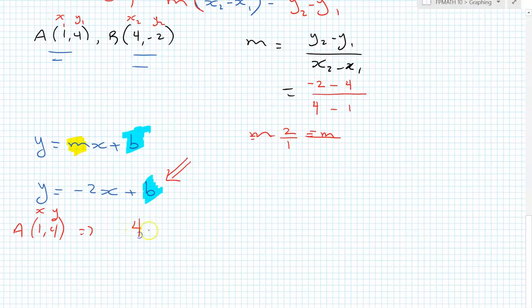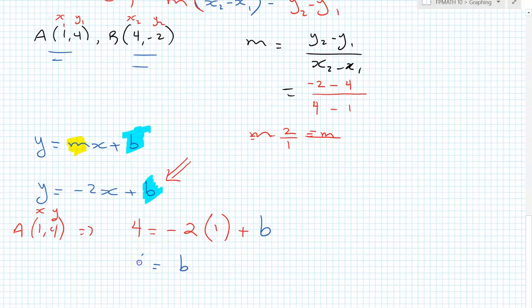So 4 equals minus 2 times 1, because x is 1, I'm just replacing x by 1, and then plus b that we don't know, because we need to find it so that we can write the equation. Let's solve for b. We do a quick manipulation.